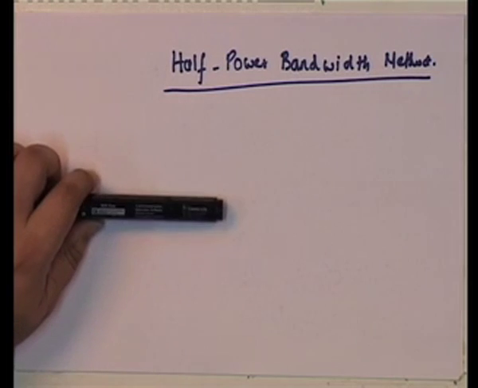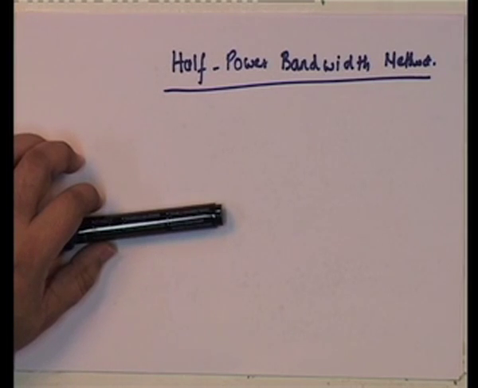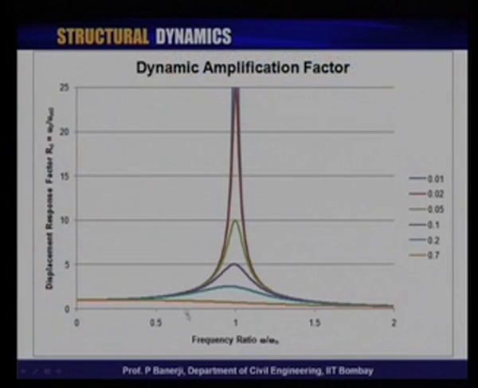If you look at the response, the dynamic amplification of the structure, if you are at 2% damping you go so high that you really cannot get there. But let us look at a situation where we are at half power.